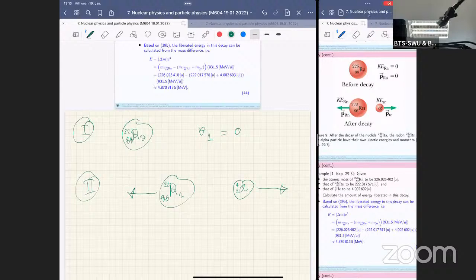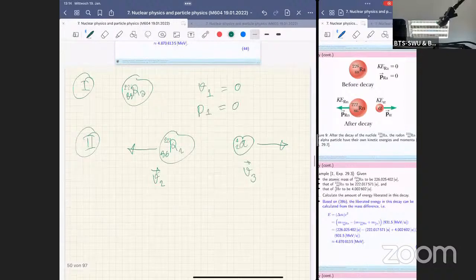And yes, once we have V1 at 0 here, it means the momentum at state 1 is equal to 0, whether as a vector or a scalar. But for the second stage, let's say vector V2 is pointing to the left-hand side, and vector V3 for the alpha particle is moving to the right-hand side.